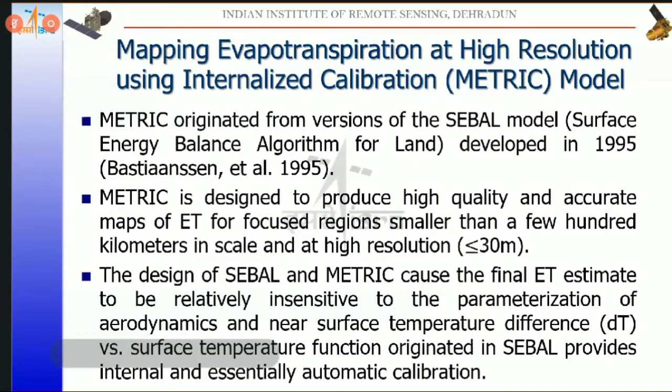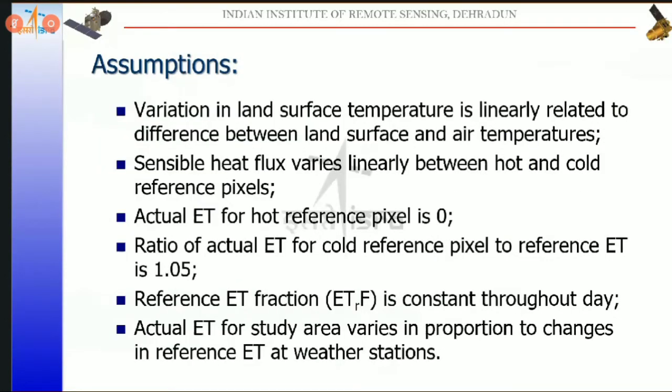The very first assumption regarding this model: a few assumptions have to be made when you use geospatial technology for correct estimation of transpiration rate. The variation in land surface temperature is linearly related to the difference between land surface temperature and air temperature.